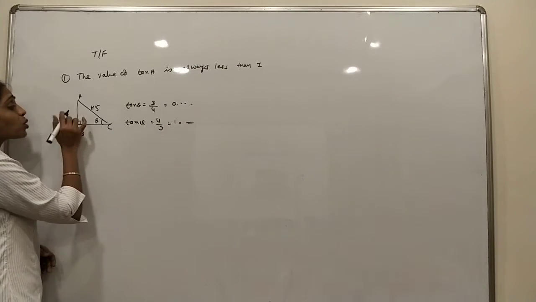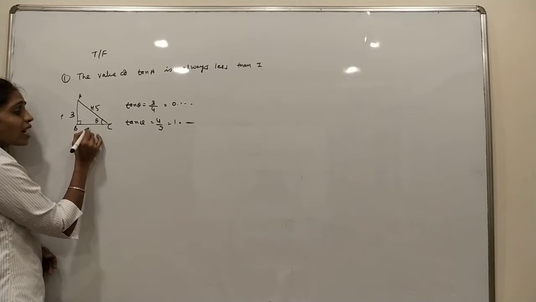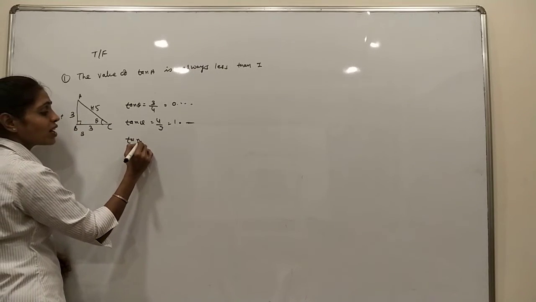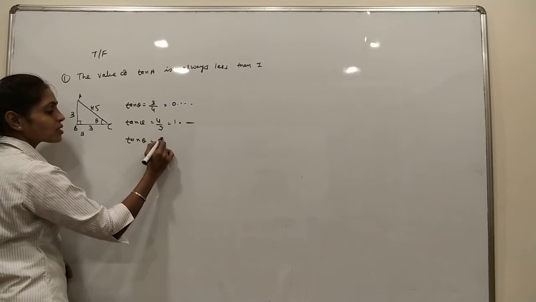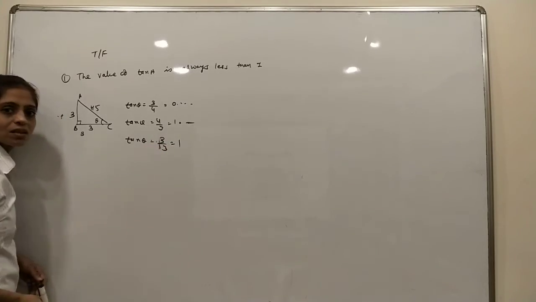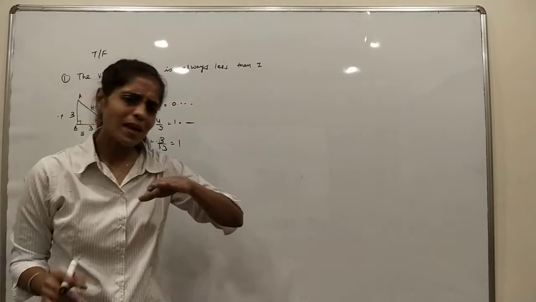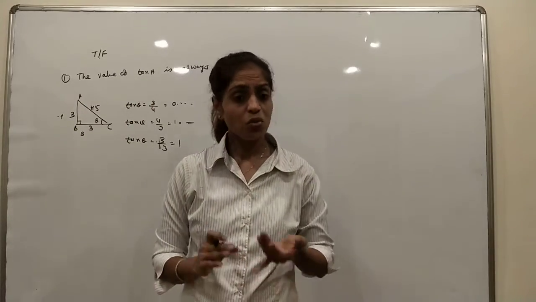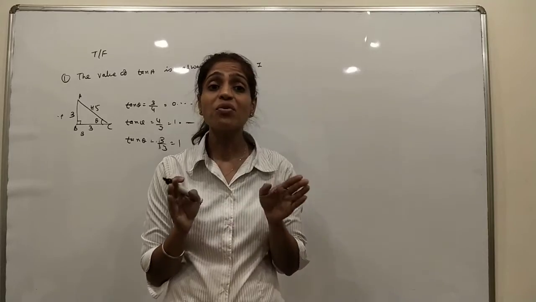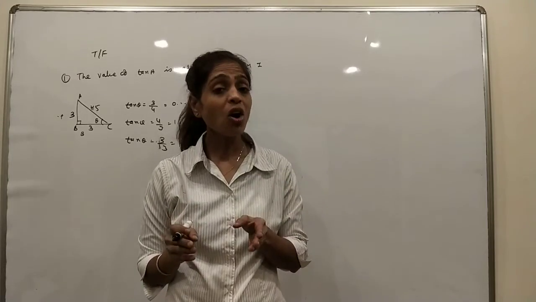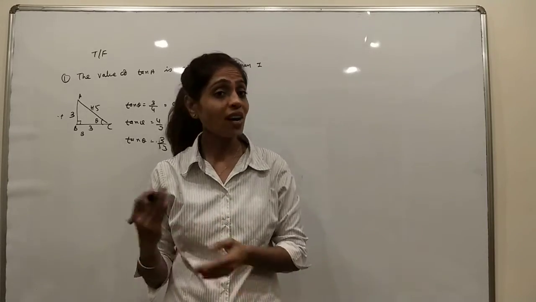And what about an isosceles right triangle? If the perpendicular and base are 3 and 3, then tan theta value P by B is 3 by 3, which is 1. So same as cot theta, for tan theta and cot theta the value is never fixed. It may be 1, more than 1 or less than 1.